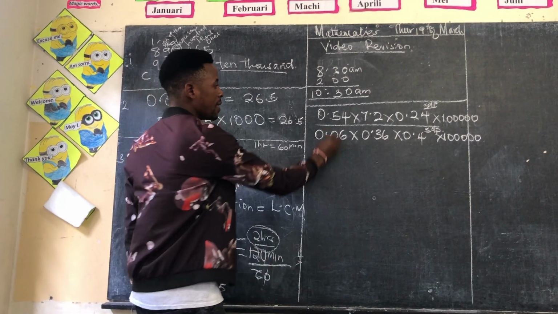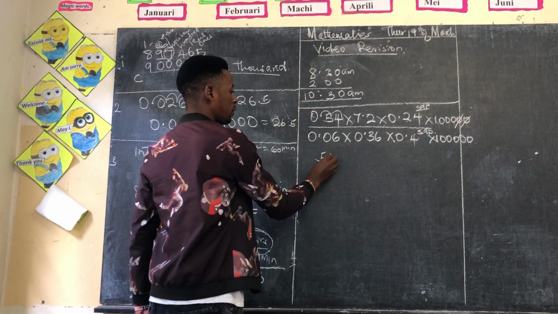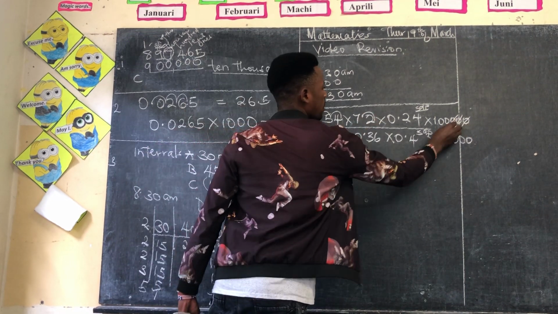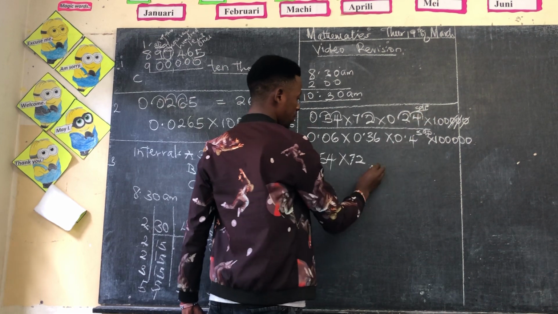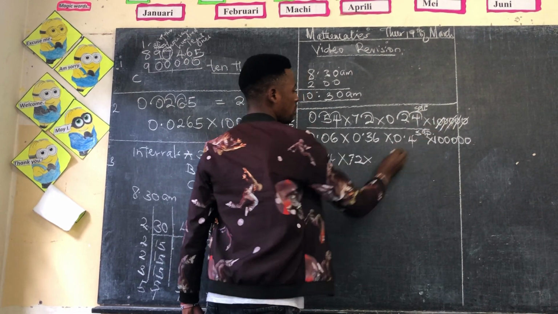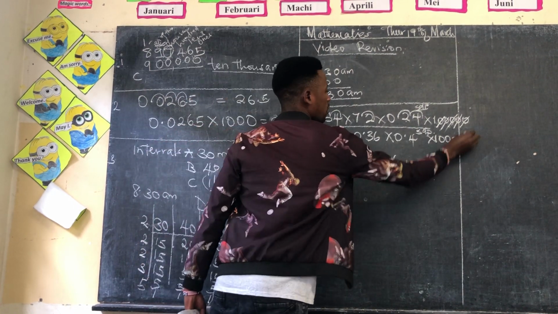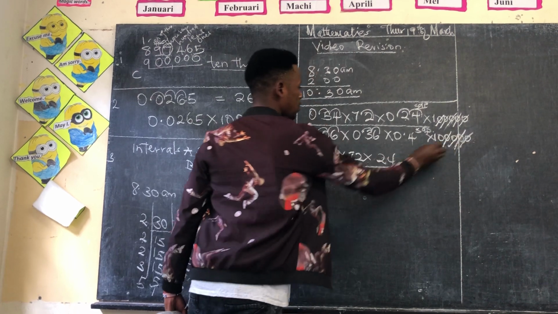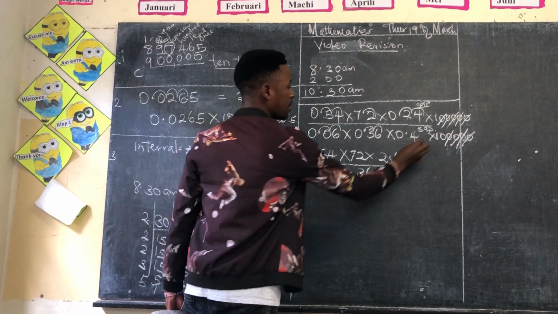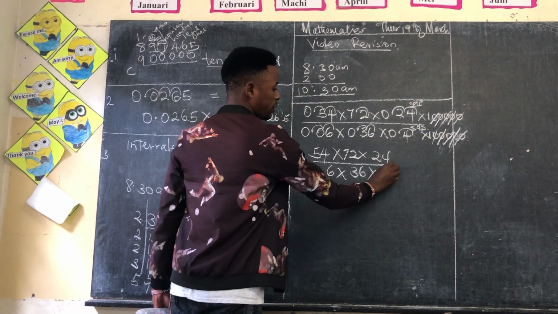So when you multiply, shift the decimal, 2 zeros are gone. This gives you 54. 1 zero is gone, so it gives you 72. That gives you 24, and 2 zeros are gone. All over 6, 2 zeros gone, times 36, 1 zero gone, times 4.